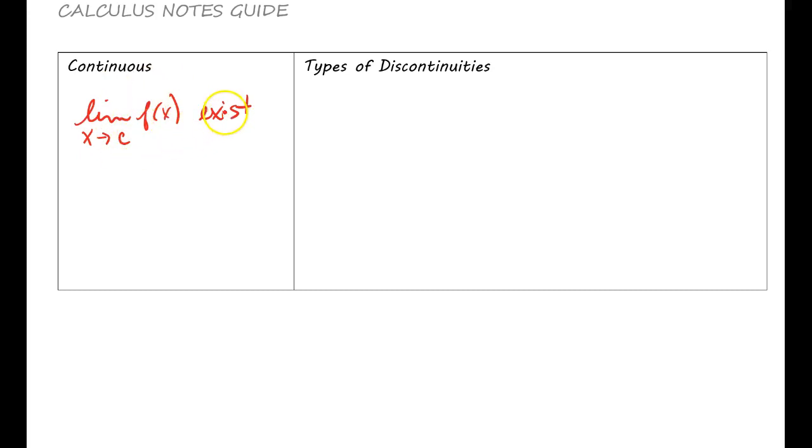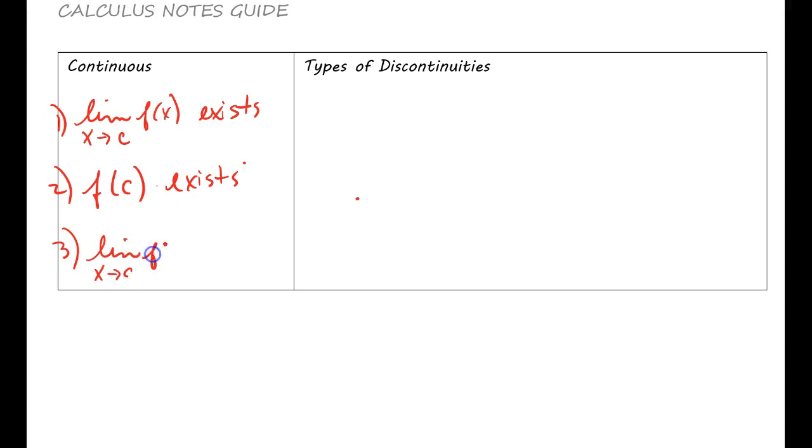And the function value actually has to exist, so there's no hole, there's no asymptote there. And the third rule is that these two are the same. So not only does the limit have to exist and the function value have to exist, but those two numbers better be the same. And that is the definition for continuity involving limits, okay?